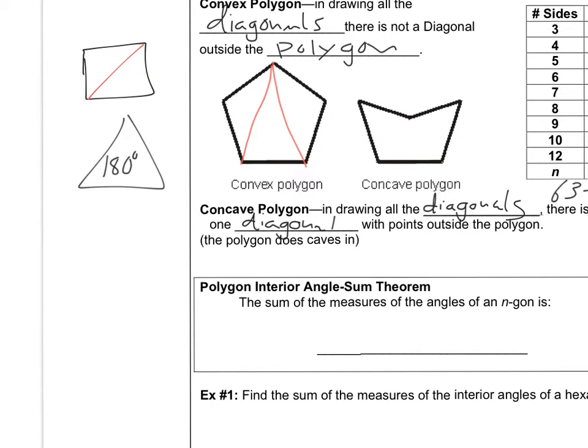And so this pattern emerges: the number of sides minus 2, or n minus 2, tells you how many triangles fit inside each one. That matters because for every triangle, there's 180 degrees. So you can multiply this by 180, and that will tell you the sum of all the interior angles. It'll add up to the number of sides minus 2 times 180, and that's why.